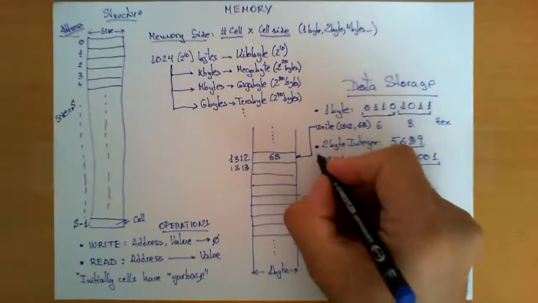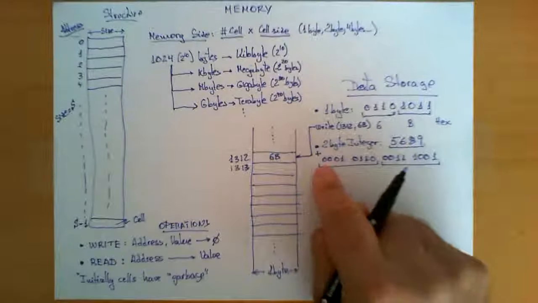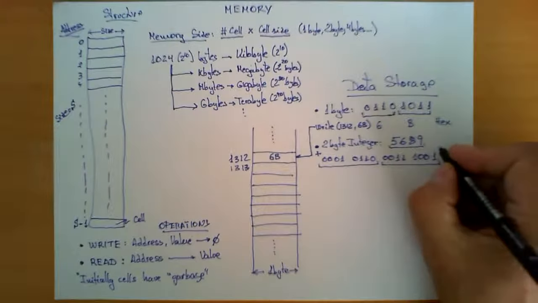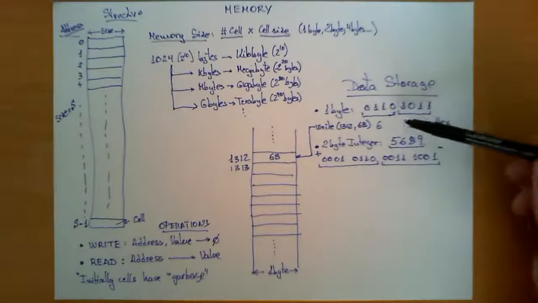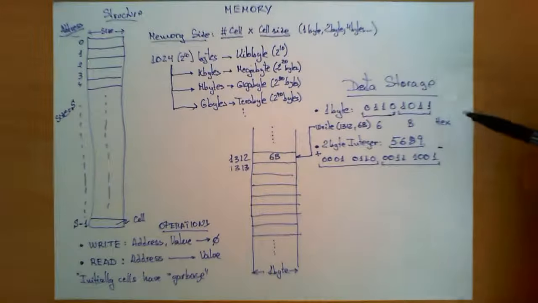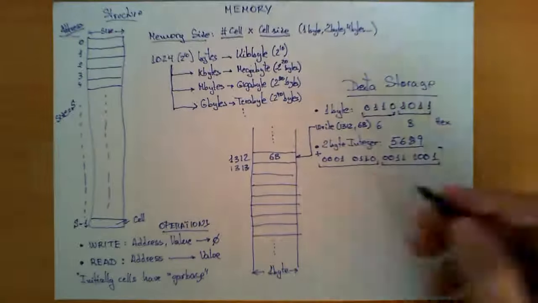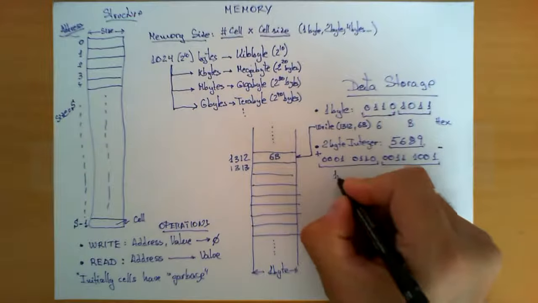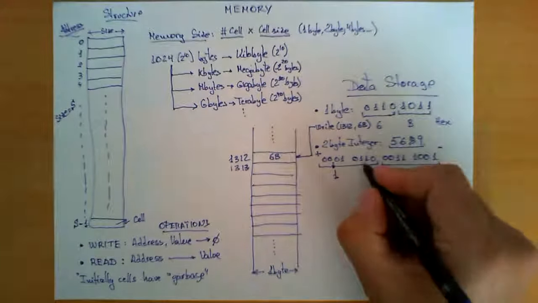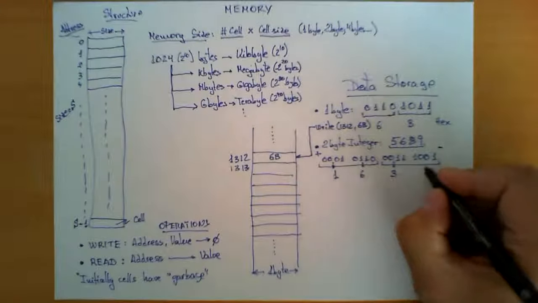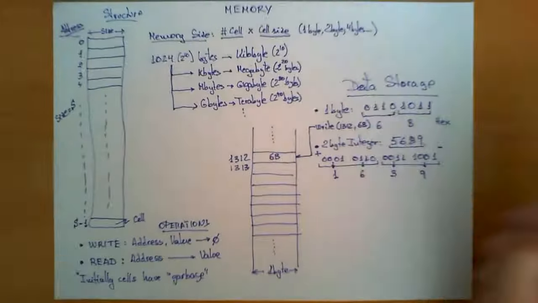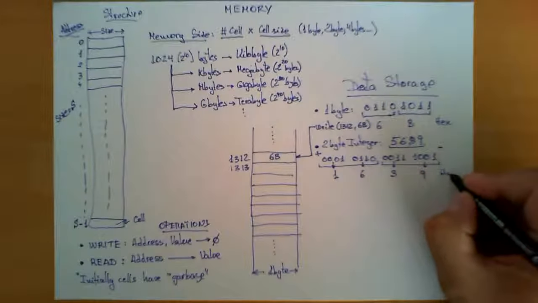Another important thing, the most significant byte is on the left hand side and the least significant byte is on the right hand side. If we apply the same trick as before and use the hexadecimal encoding, then you'll see that this corresponds with the value 1 for these 4 bits, 6 for these 4 bits over here, 3, and 9. And again, this is hexadecimal.